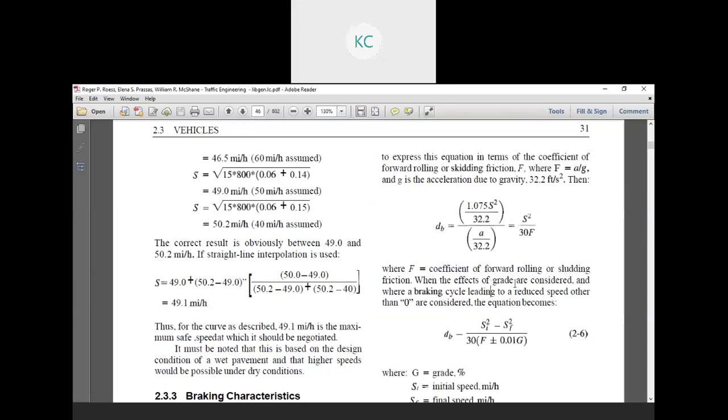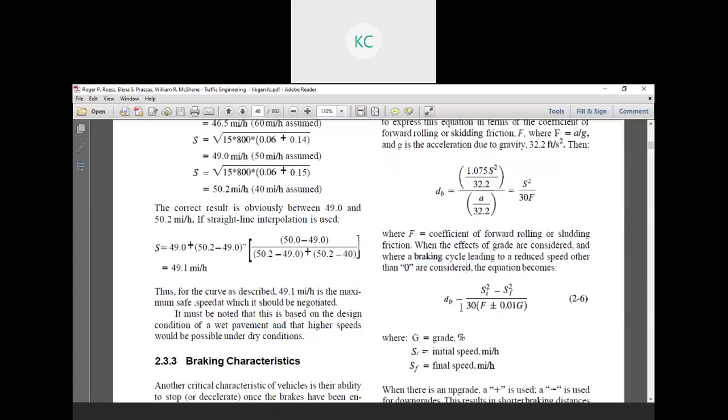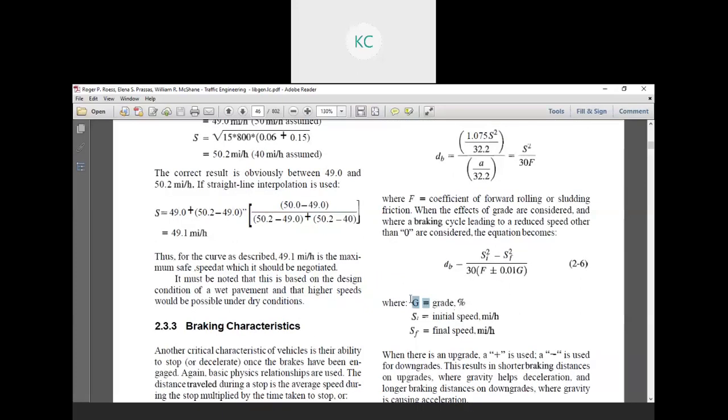When the effect of grades is considered, and braking leads to a reduced speed other than zero, the equation is dv equal to si square minus sf square upon 30 into f plus or minus 0.01 g, where g is the grade.